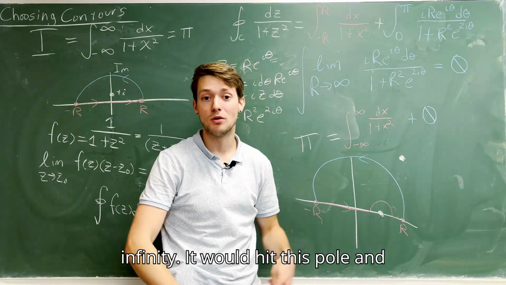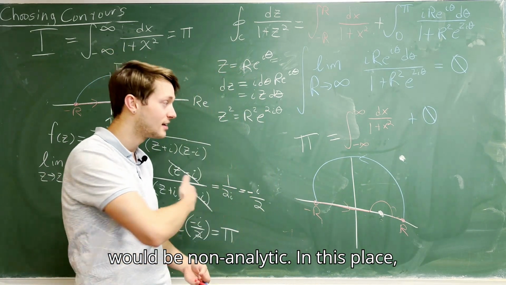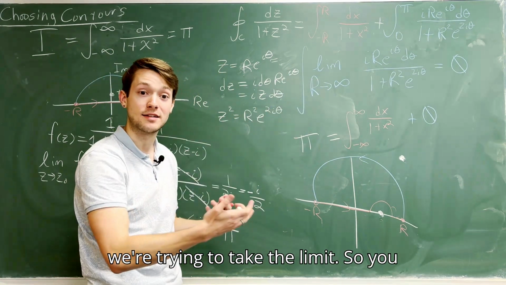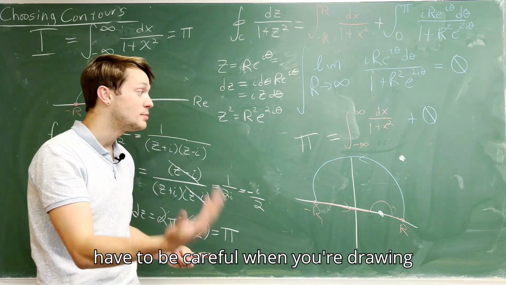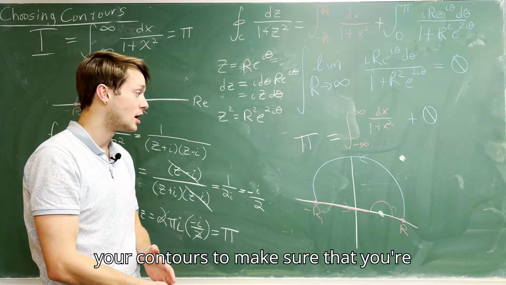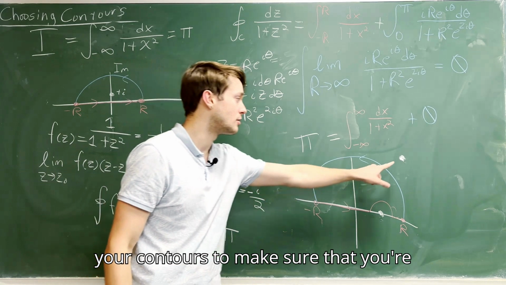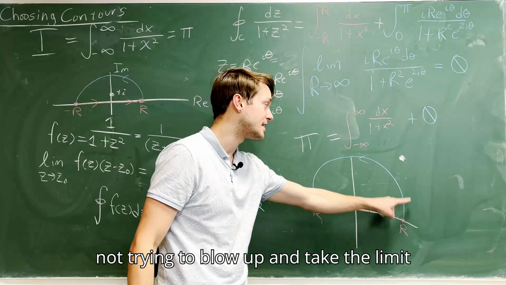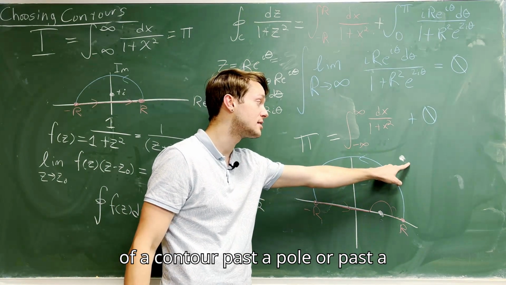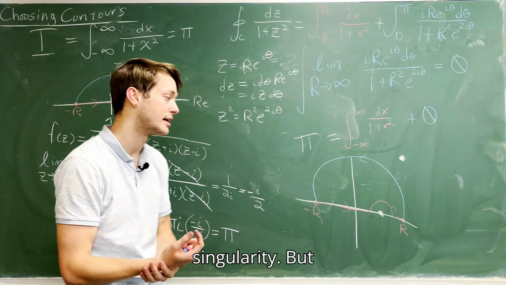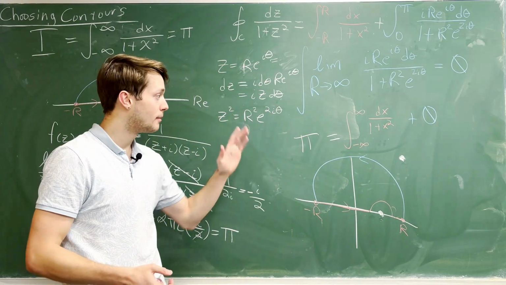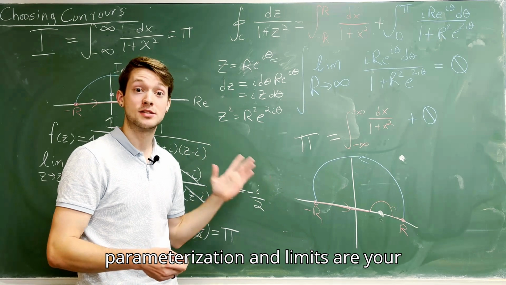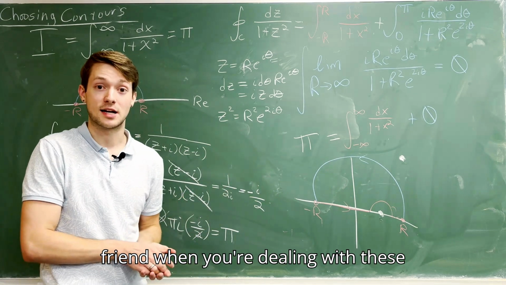It would hit this pole and would be non-analytic in this place where we're trying to take the limit. So you have to be careful when you're drawing your contours to make sure that you're not trying to blow up and take the limit of a contour past a pole or past a singularity. But parameterization and limits are your friend when you're dealing with these kinds of problems.